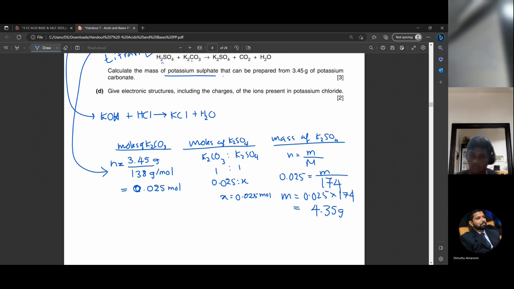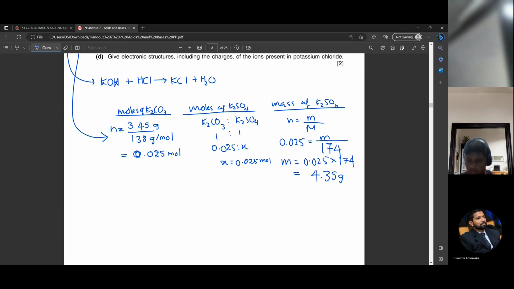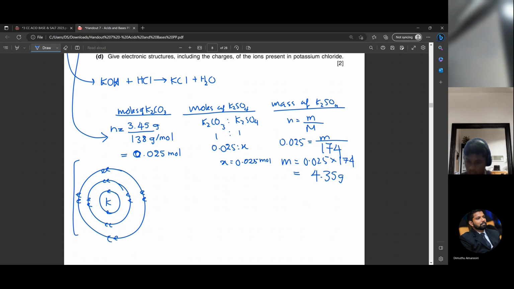Give the electronic structure including the ions present in potassium chloride. Potassium ion has lost its last electron, but it still has 3 shells completed. This is the potassium ion. The chlorine atom is 287.